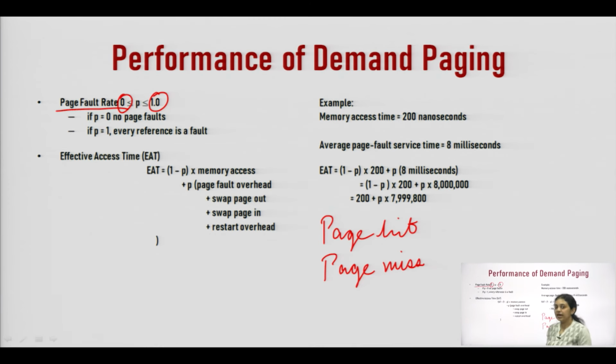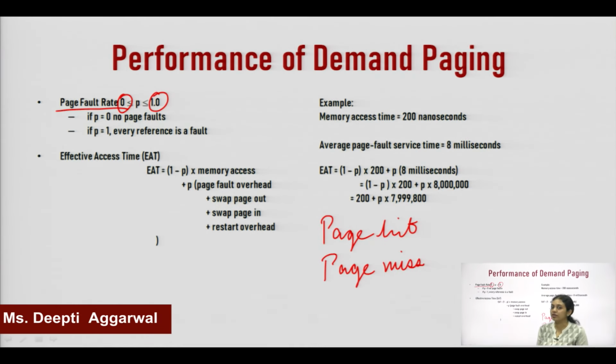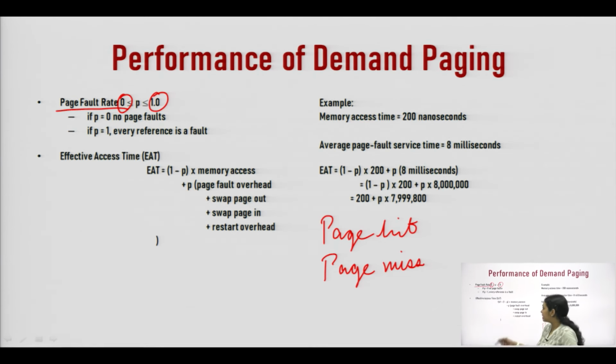On the other side, if every reference is a page fault, that means every time we refer a particular page and that is not in the memory, that is a 100% page fault, and that will give you the value 1. So, 0 and 1 are the extreme values of the page fault rate.